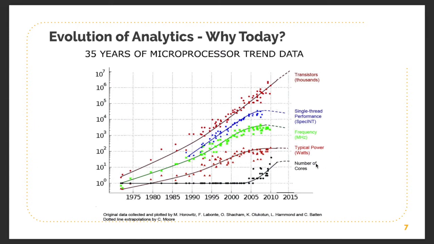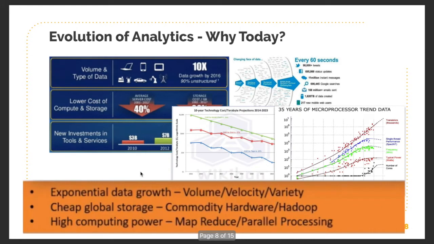You can see here that the number of transistors that can be embedded in a microprocessor increased exponentially. And that would mean more power to our devices, not only for PCs, but also small devices like your cell phones and other gadgets. And to sum it up, the evolution of analytics was affected by exponential data growth, cheap global storage, and high computing power.